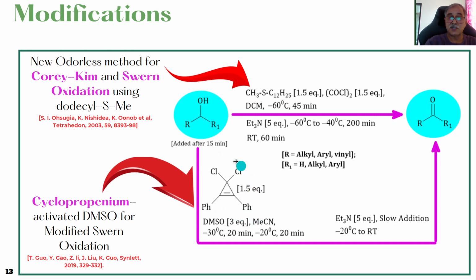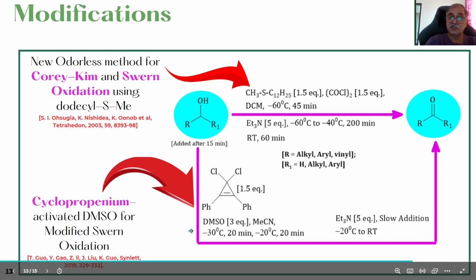The only thing is that the intermediate formed by these cyclopropenium halides with DMSO will be different, but ultimately leads to the formation of the same type of products. So this is another modification of Swern oxidation.